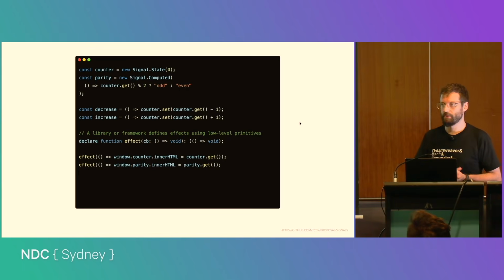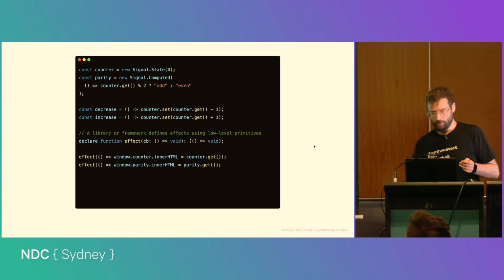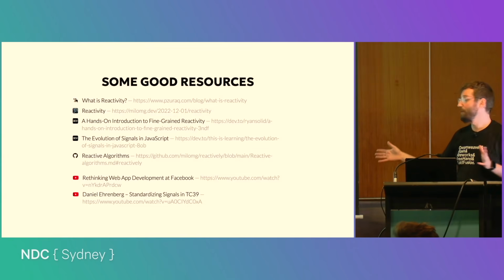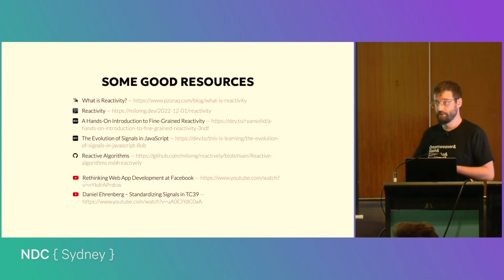They are trying to bring all the frameworks on board to start adopting it to see how it performs against their current implementations. And there's a bunch of other resources that I highly recommend. So again, if any of that is interesting to you, reactivity in general, signals, how they're implemented, how fine-grained reactivity works, these are really, really good resources that I recommend.